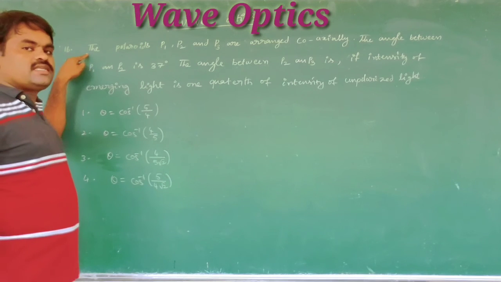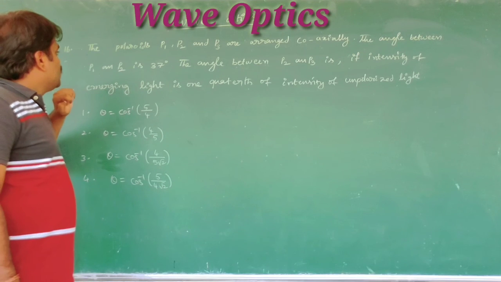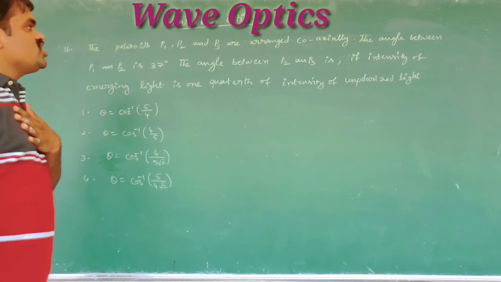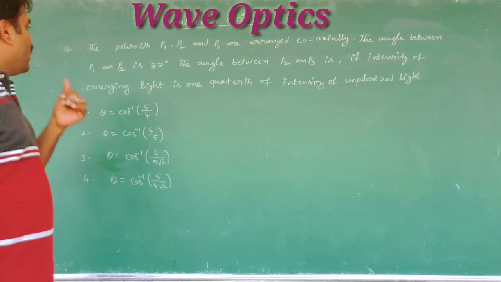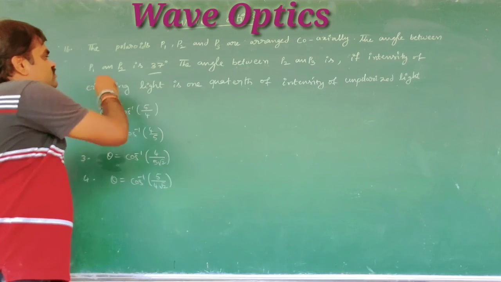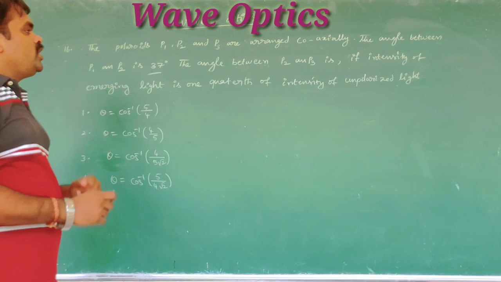Going to discuss the 16th one. The polarizers P1, P2 and P3 are arranged coaxially. The angle between P1 and P2 is 37 degrees. We are finding the angle between P2 and P3.